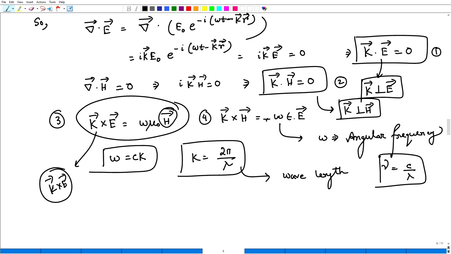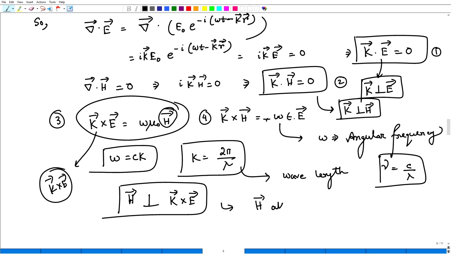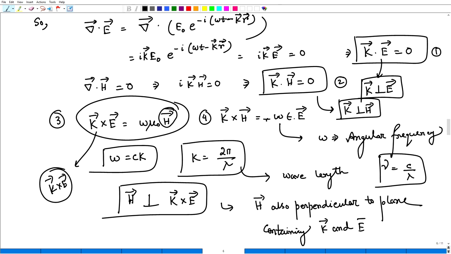So, k cross E is non-zero, it is equal to mu omega, and the direction of this k cross E is in the direction of the magnetic field H. So, from here we can write that H vector, the magnetic field, is perpendicular to k cross E. So, we can say that H is also perpendicular to the plane containing k and E.